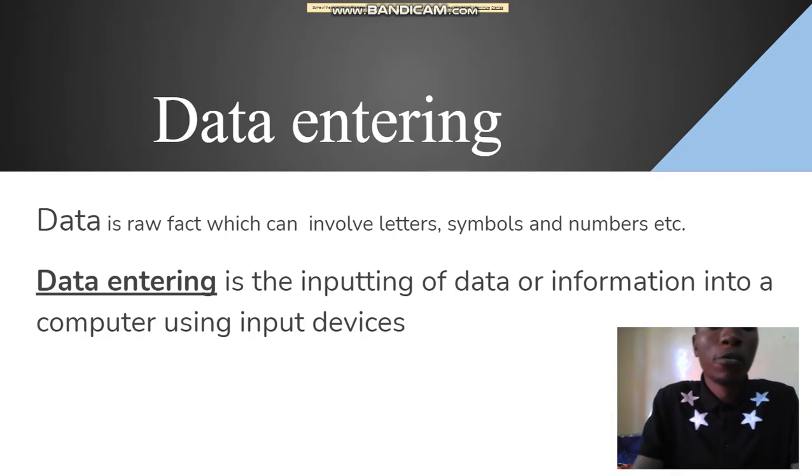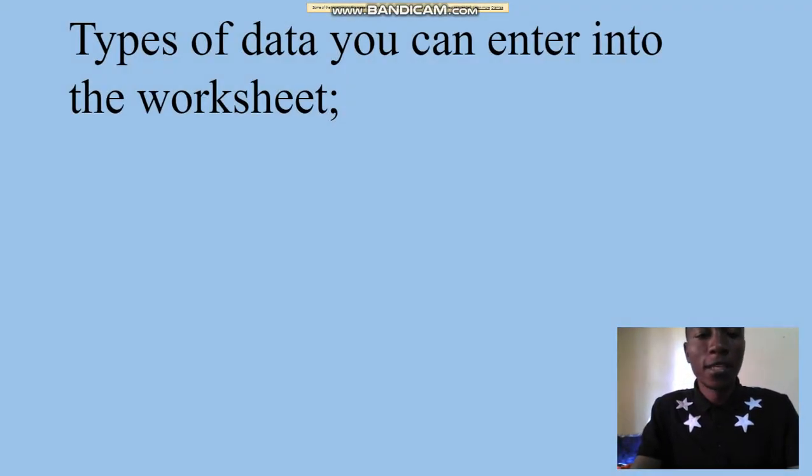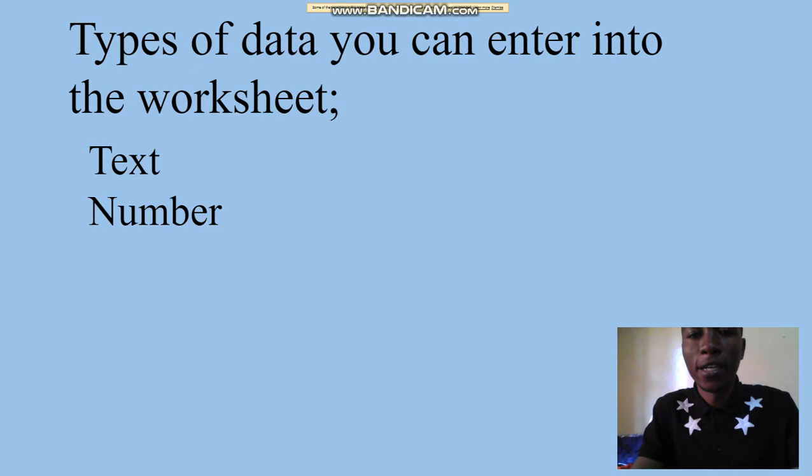There are some types of data that we can input into our worksheet. What are some of the data that we can enter into our worksheet? We can enter text, which involves alphabetical letters. We can also enter numbers, which involves numerical values.